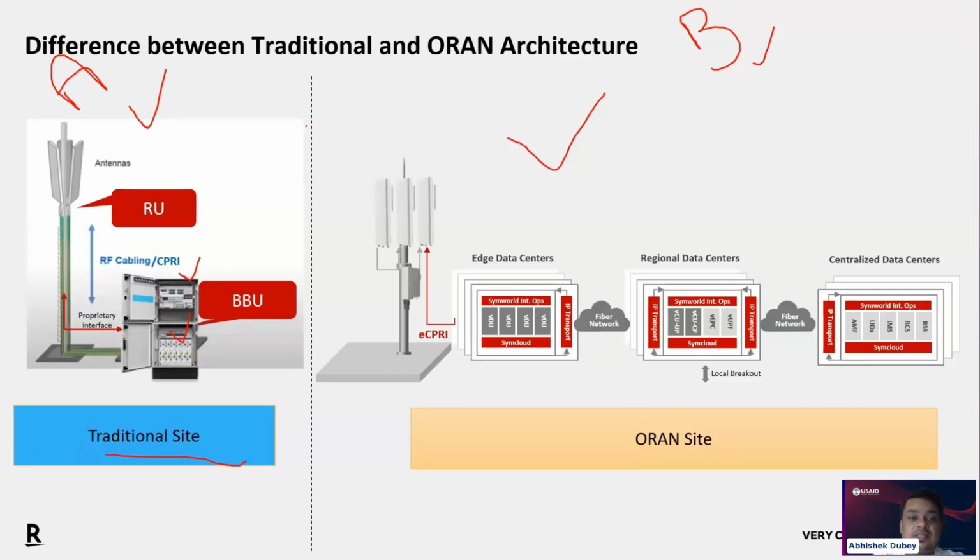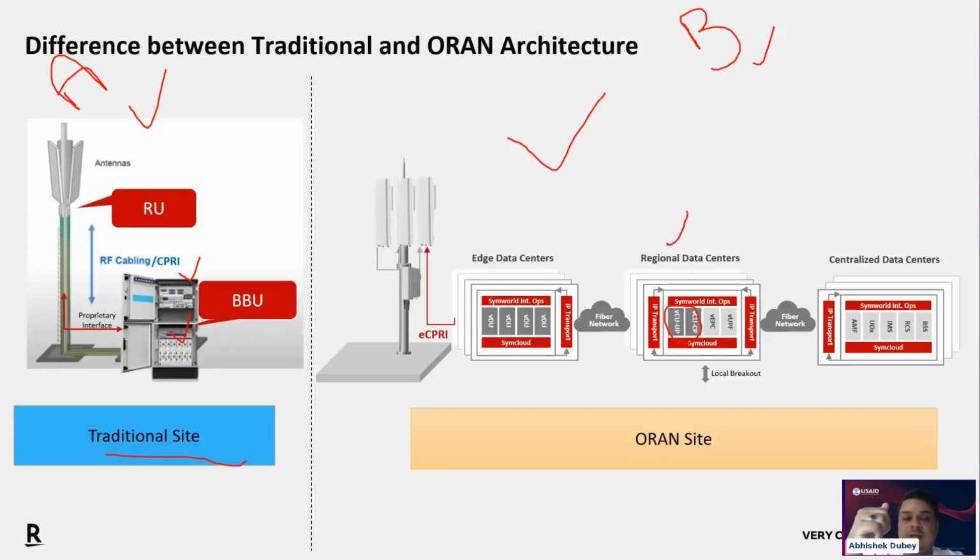But for us, you can, because this is the front haul, and you can pool multiple sites. And our CU-CP is a regional data center. Regional data center means maybe in a 50 to 100 kilometer area, you can have one regional data center.